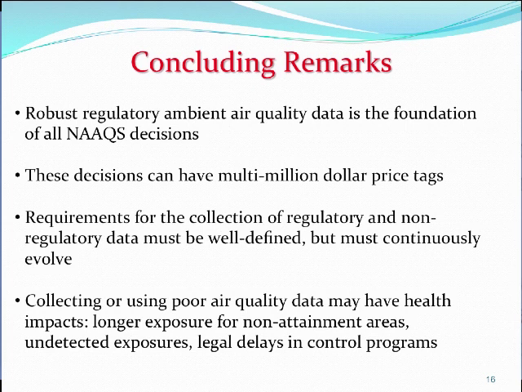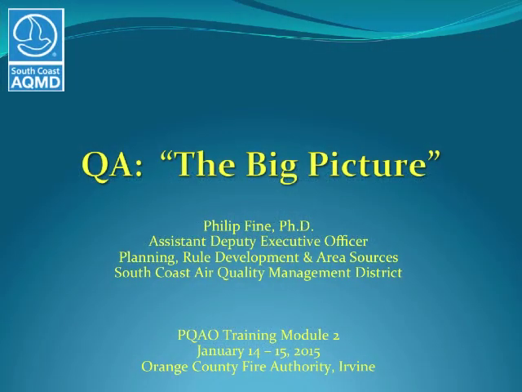If you're delaying a designation or delaying an attainment, or you have attainment when it really should be non-attainment, you can actually have health impacts because you have legal delays, you have these undetected exposures perhaps, and you have delays in bringing certain areas into attainment if you have these challenges. So there can be health impacts to QA on air quality data. So with that, I'll conclude and hope to answer any questions you have on anything I present or anything else.